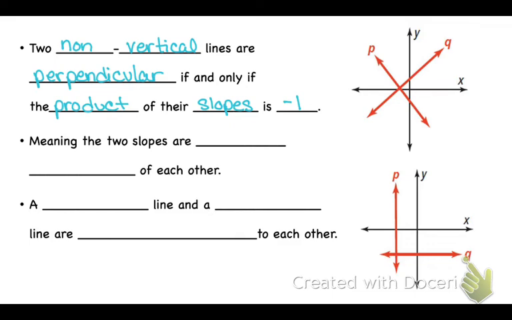Meaning that the slopes are negative reciprocals of each other.